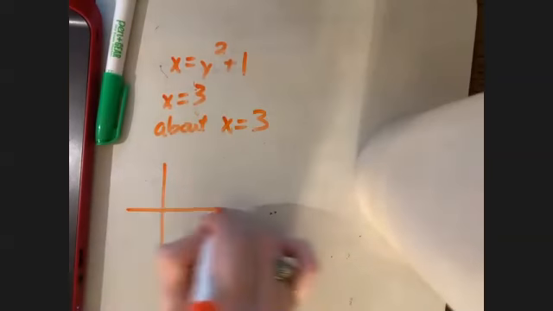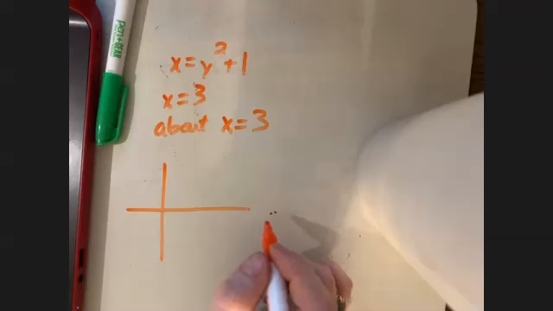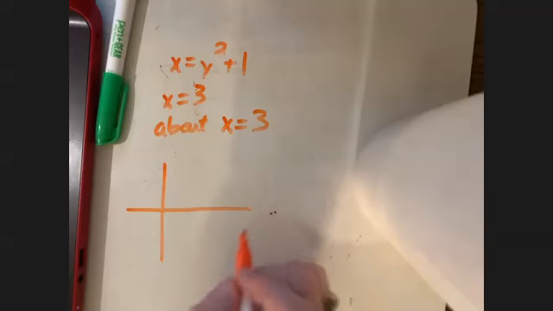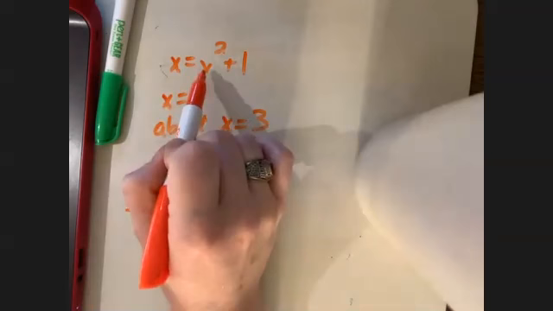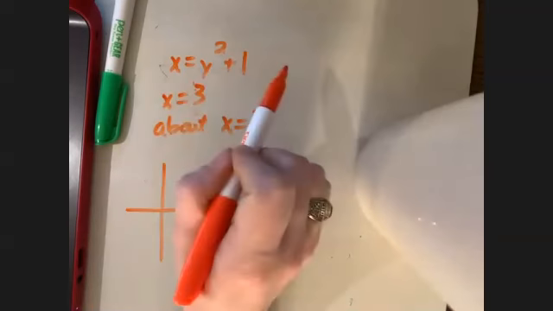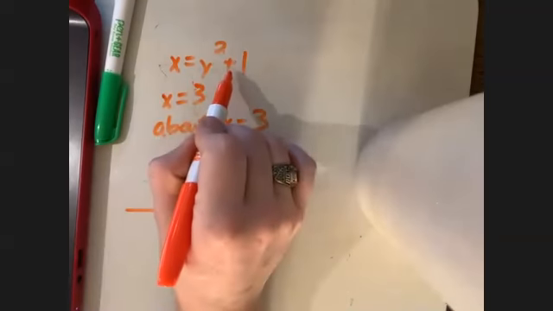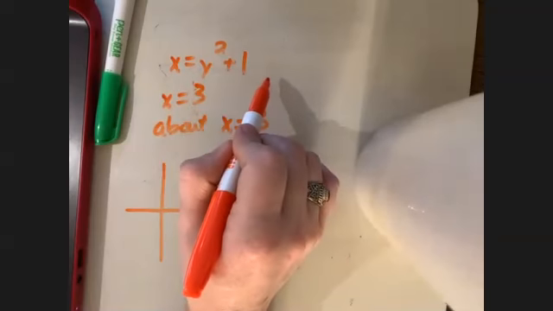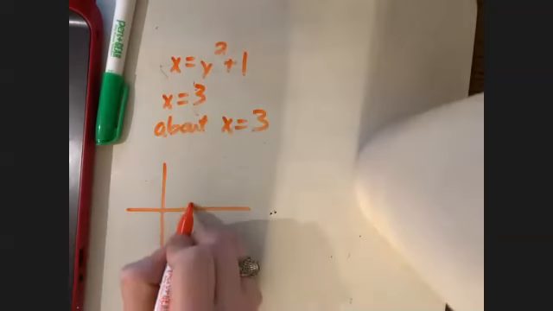So here we go. Let's get this lovely shape going here. That is a classic sideways parabola. It has moved one space to the right because, again, everything is flip-flopped.